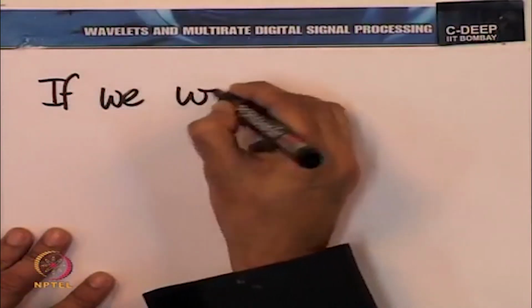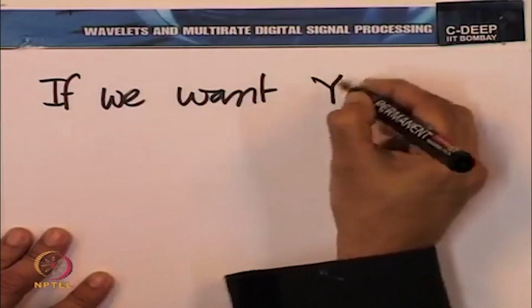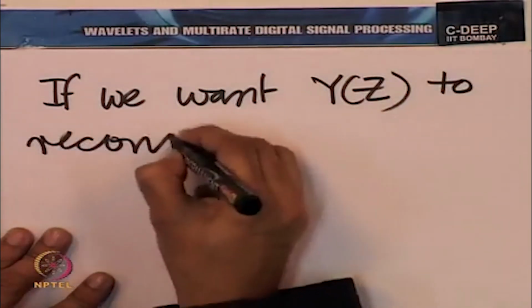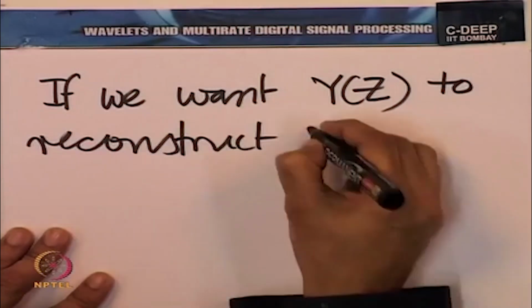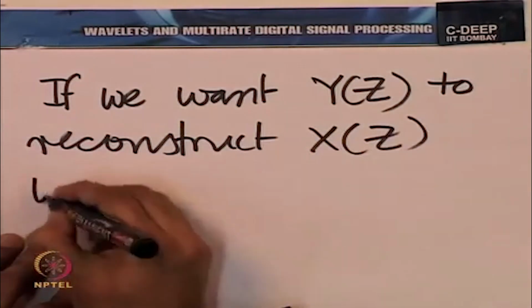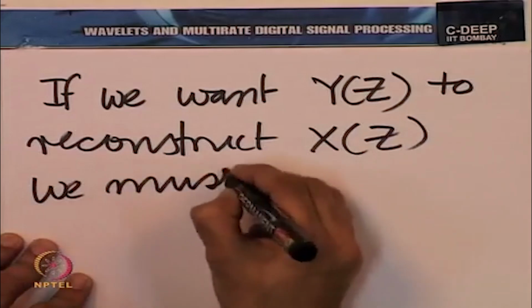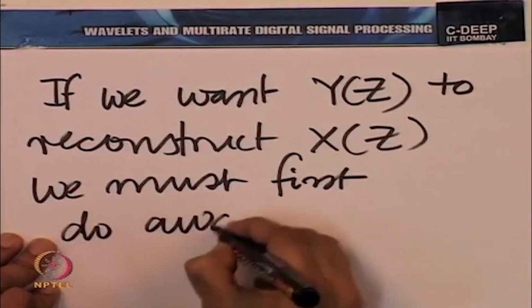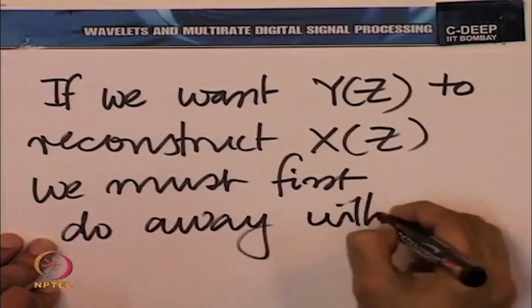If we want y z to reconstruct x z, we must first do away with aliasing.